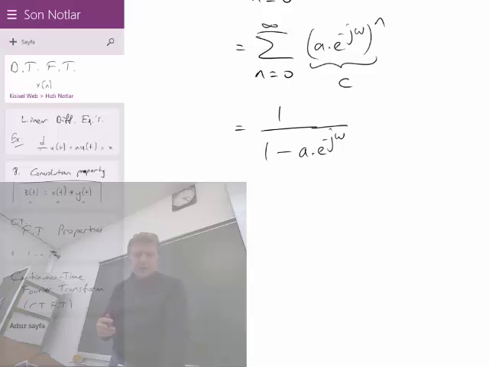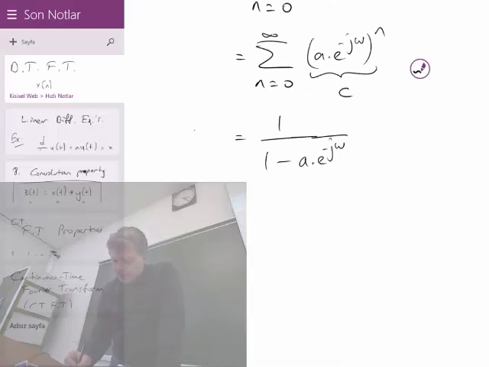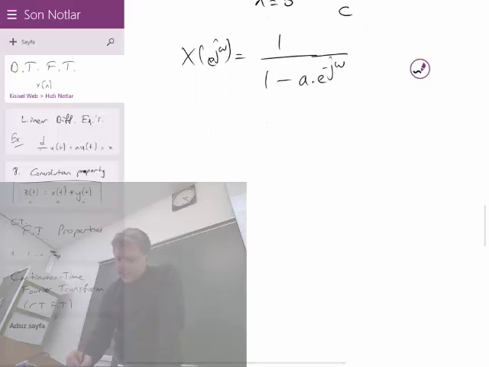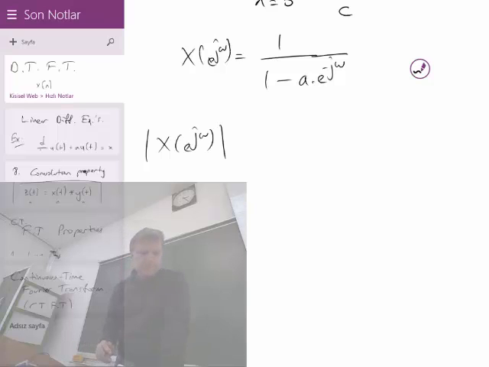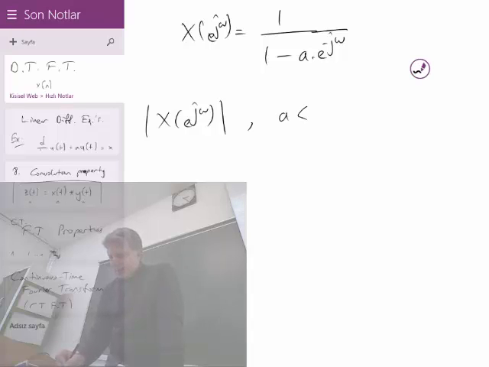And if you want to draw, this is X of e to the j omega. If you want to draw, for example, the magnitude of it, what you will discover is something like this. For A between 0 and 1, let's assume that A is positive, because when A is negative it will be a little bit different.